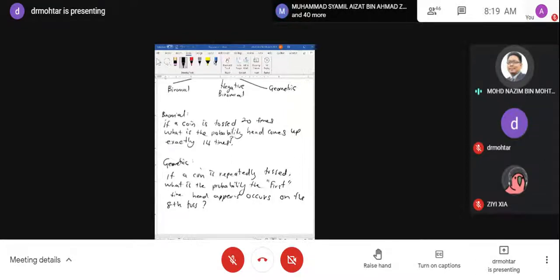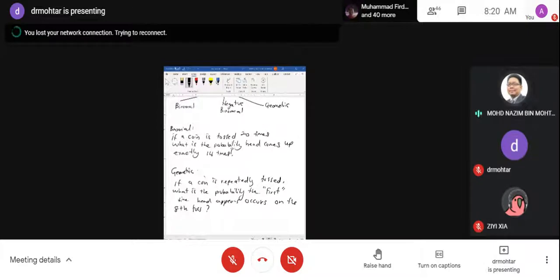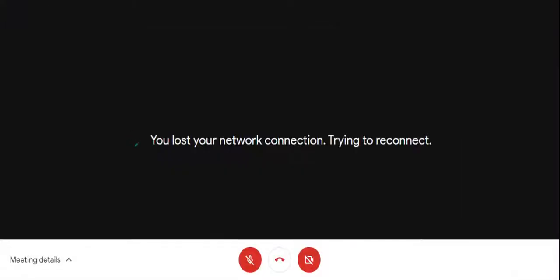Now let's look at an example of the negative binomial distribution. The negative binomial distribution is the distribution of the number of trials needed to get a certain number of successes in repeated independent binary trials. So binomial is the number of successes. Geometric is the number of trials to get the first success.